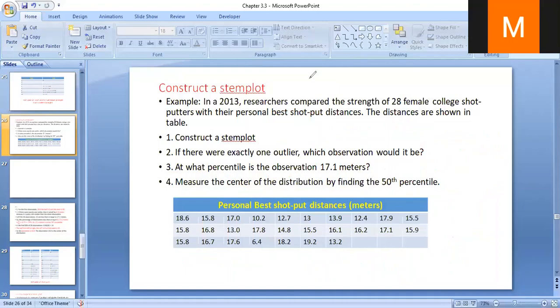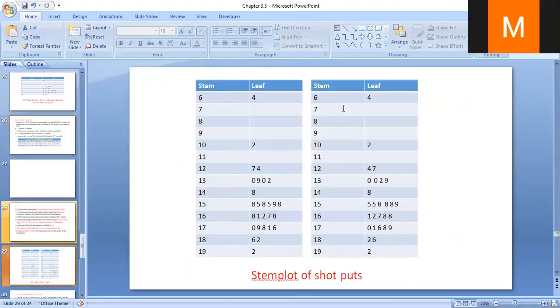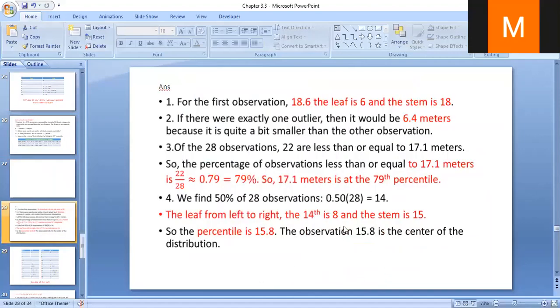14, you look on this one. You count number 14. Did you find number 14? This is 15.8. So the 50th percentile is 15.8.